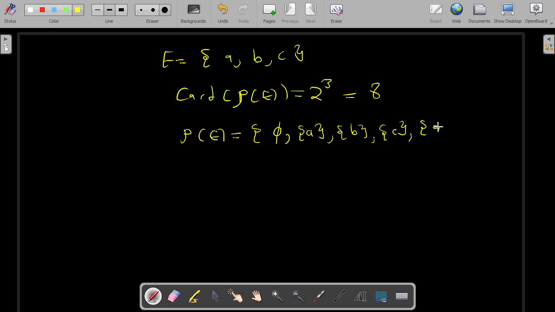So you have A and B, and then you have B and C, and what is going to follow is the set A and C, and then finally the set E itself is also a subset of itself. So if you count these that I've written, you should find 8. You have 1, 2, 3, 4, 5, 6, 7, and 8. So the power set of E, of the set E of elements A, B, and C, is the one listed below, and its cardinality is right on top.